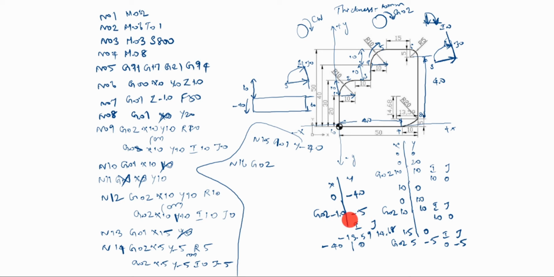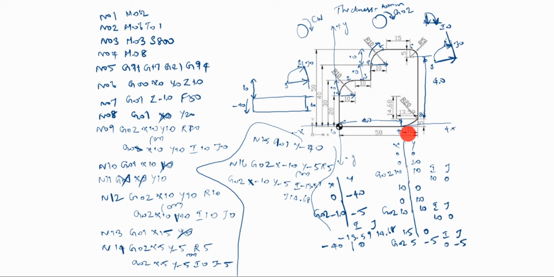X minus 10, Y minus 5, R5, or G02, X minus 10, Y minus 5, I minus 13.59 and J 14.68.